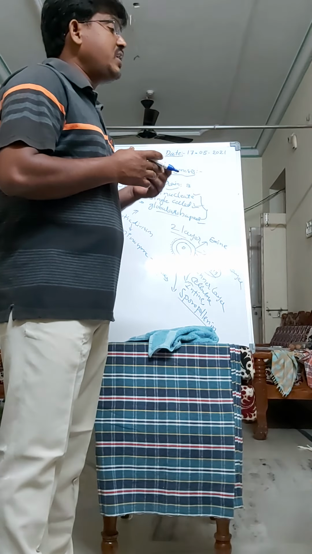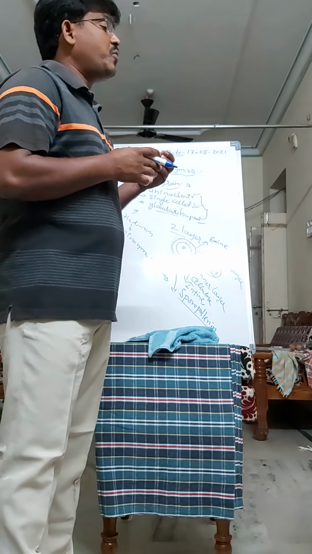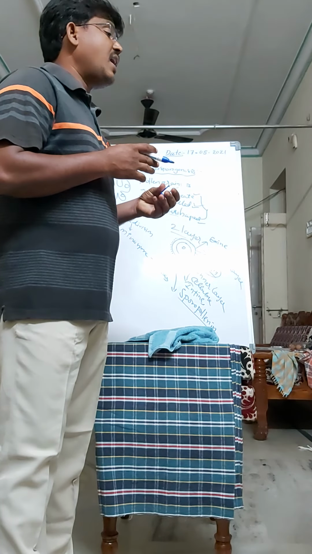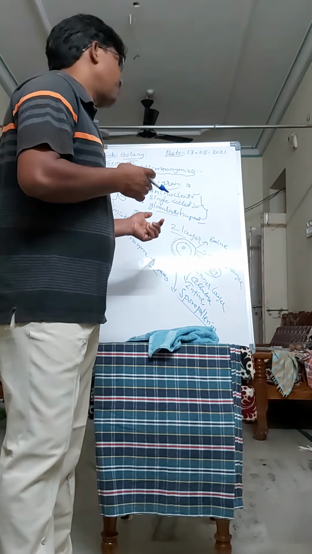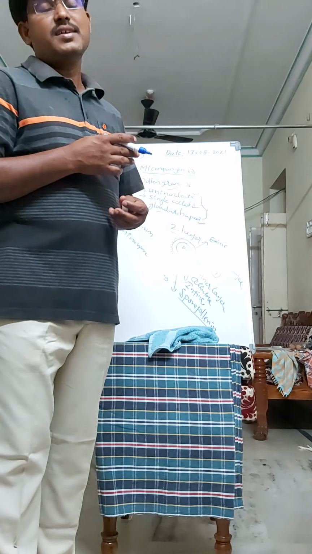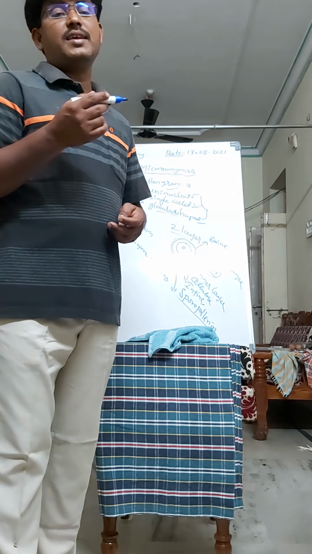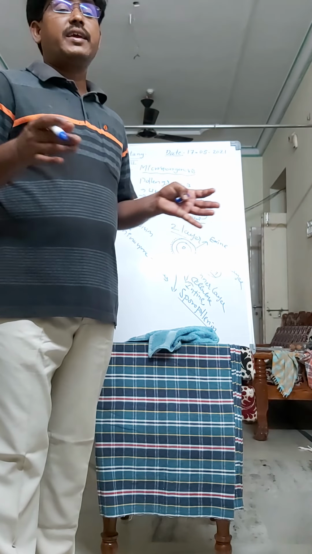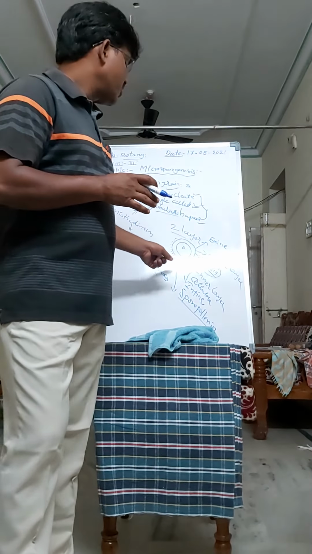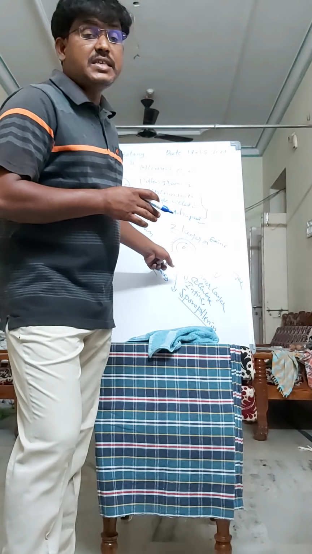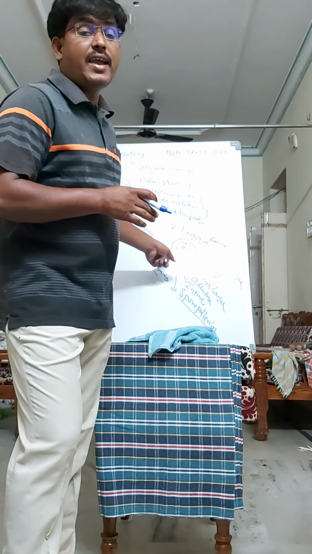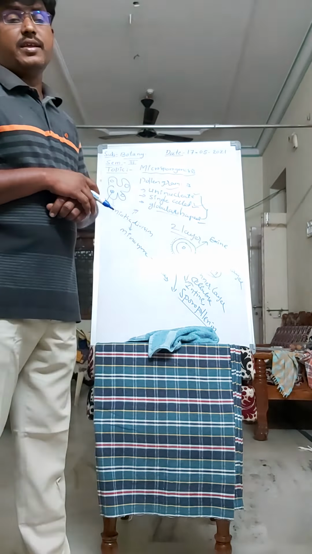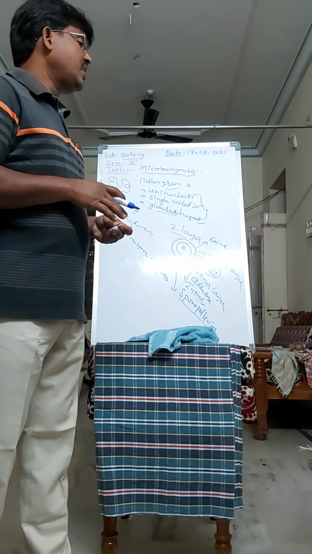So they are preserved during fossilization, protected by the sporopollenin which surrounds the exine of the pollen grain.